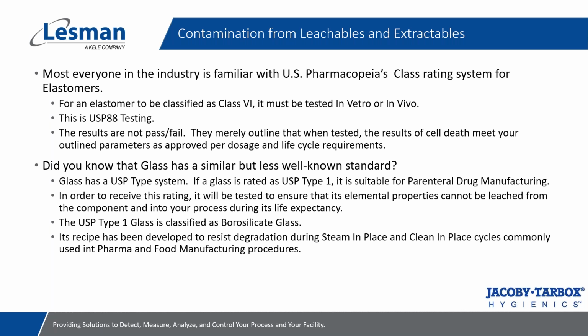So USP-88 is not a pass-fail test. It's just merely a test that says we're going to introduce this material to living cells. We're then going to test the result of how much cell death we get, and we will outline that against the parameters of our dosage and our life cycle requirements. Meaning, if something has a 30-day shelf life, then they're going to leave that test in there for whatever that safety protocol is.